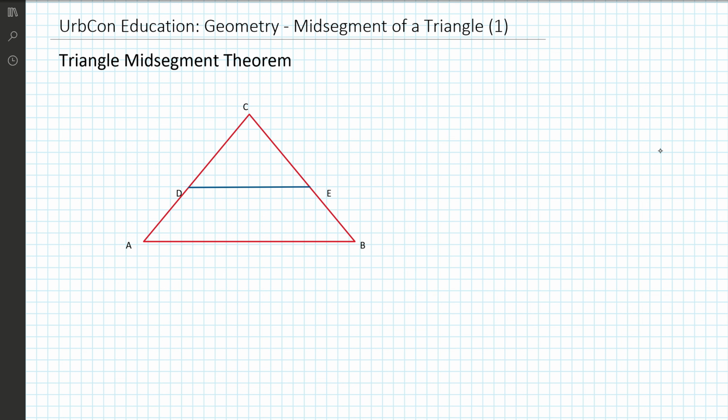So the triangle midsegment theorem tells us this. It tells us that if point D is a midpoint, and if it's a midpoint of what?